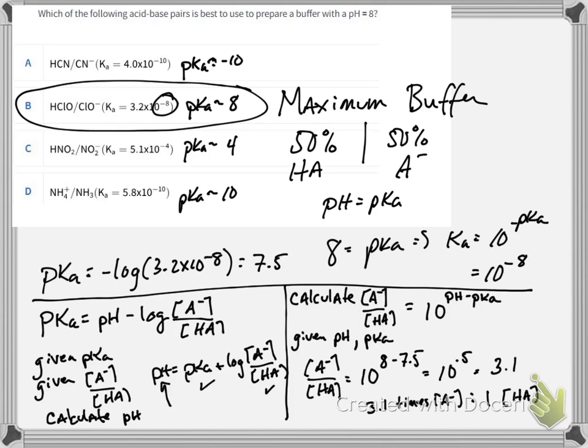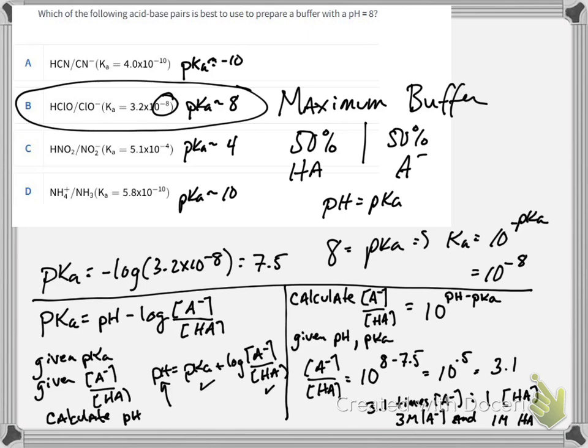And if we did that, if we had, let's say, for example, 3 molar A minus and 1 molar HA, that would be a recipe to make a pH equal 8.